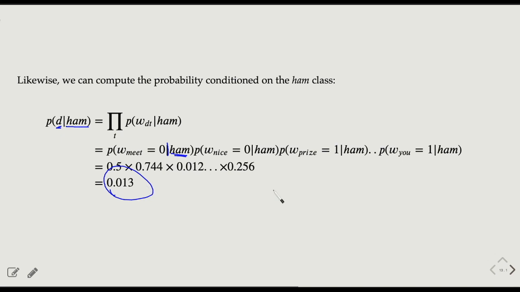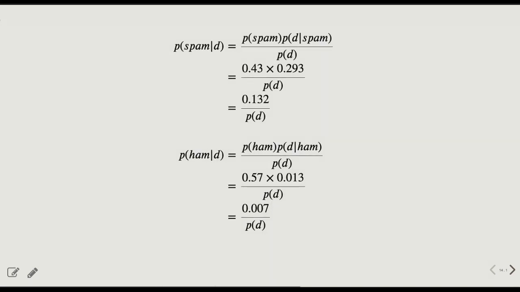Okay, so we have these conditional probabilities, and we can plug the numbers back into the original formula, because originally what we really need to estimate is, given this particular email document, how likely it is a spam versus how likely it is a ham, right? And so what we're going to do is plug the numbers in.